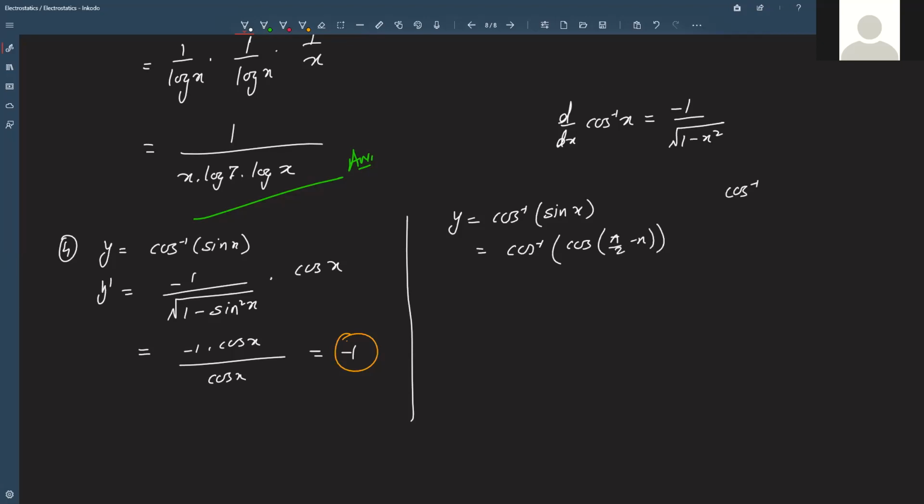Cos inverse of cos theta is equals to theta. So that means our function y is equals to pi by 2 minus x. And that's why y dash is equals to 0 minus 1 or minus 1. So what do we see here? In both the ways we got the same answer, that is minus 1. Right? So there are two ways of doing this. Both the ways are there on your screen.